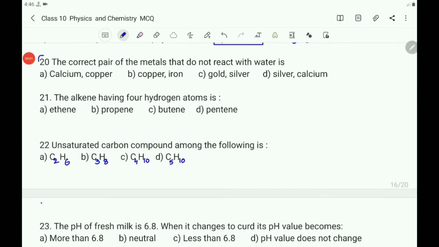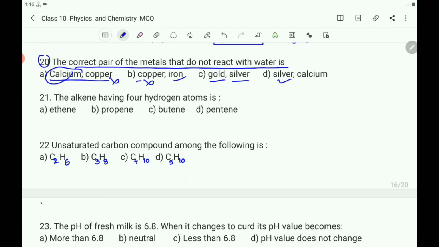Now you take the 20th question. The correct pair of metals that do not react with water. Calcium, copper: here calcium reacts, copper will not react. Copper and iron: copper will not react, iron reacts. Gold and silver: gold will not react, silver also will not react.